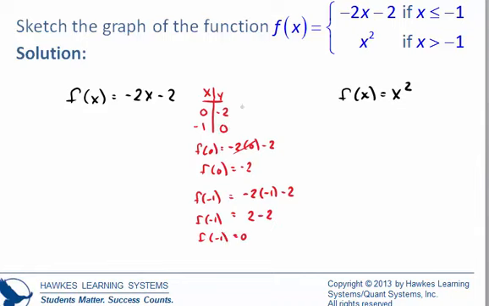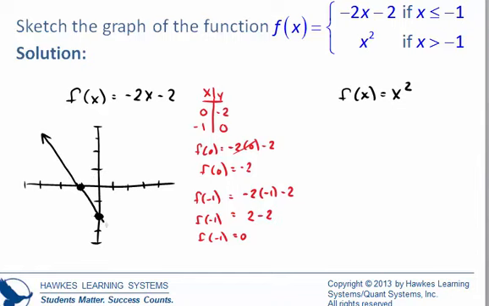All right, so now I have 2 points. I can do a very quick sketch of what this graph is going to look like. I'm going to plot the point 0, negative 2, which will be here, and I'm going to plot the point negative 1, 0, which will be here. And I'm going to connect those dots, making a line.